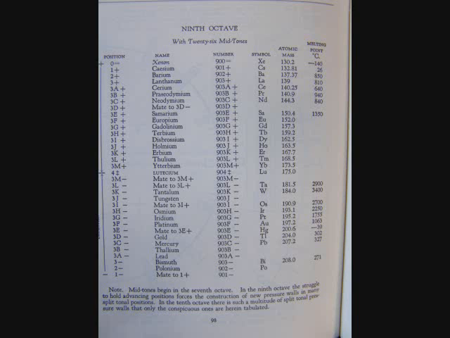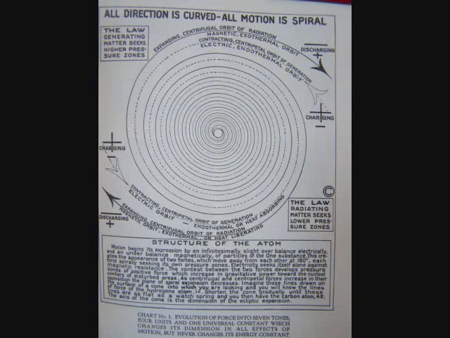And then we move to the next chart, which says, all direction is curved, all motion is spiral. The law generating matter seeks higher pressure zones. And it shows the lines of this. And it says expanding centrifugal orbit of radiation and magnetic exothermal orbit. And that's the discharging.